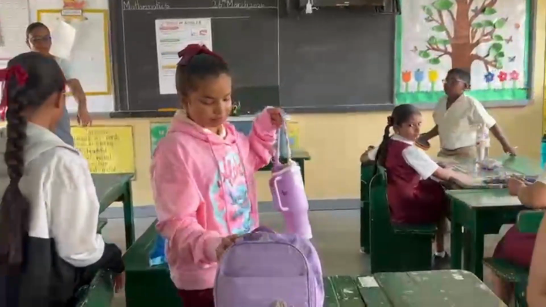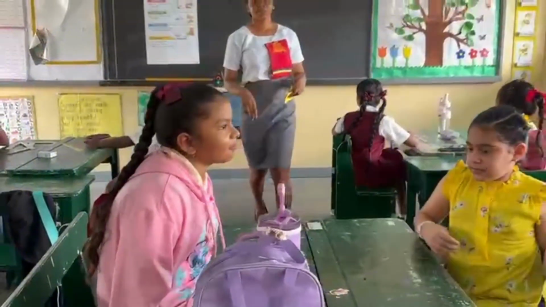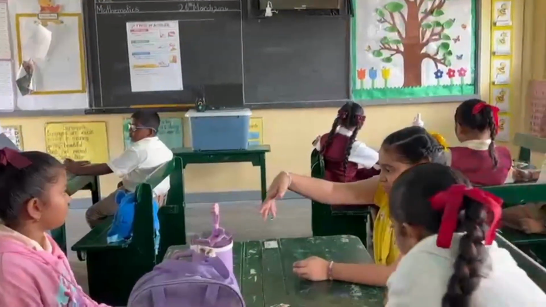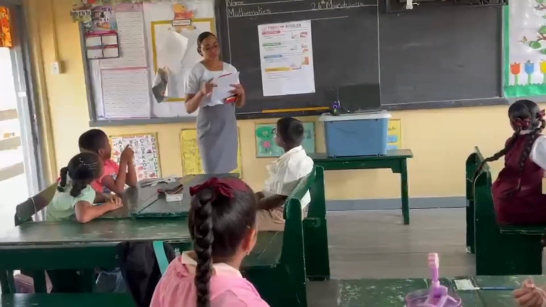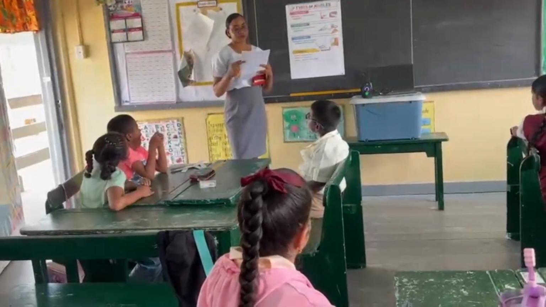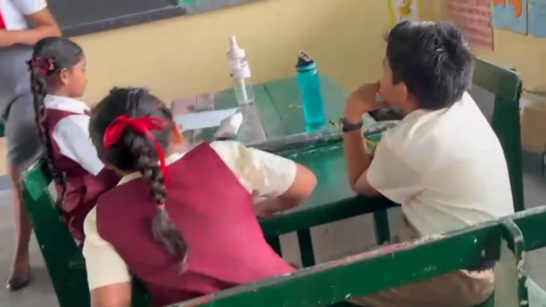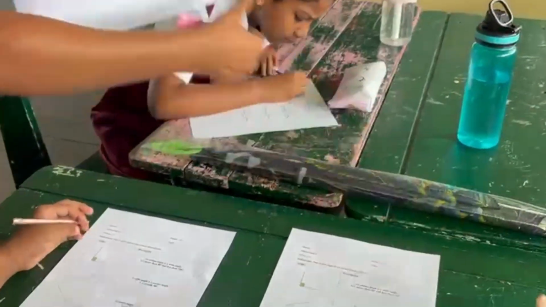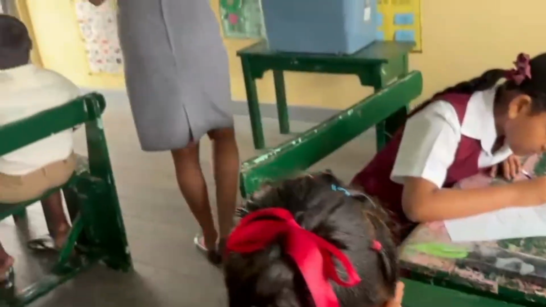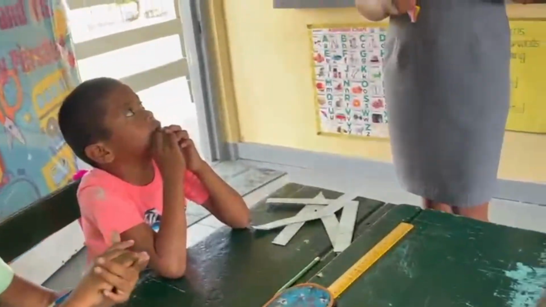Come, Roman. Group 1, you will match the angle to its correct description, right? And this is our group 1. Make sure you write your names on your paper. Group 2, this is our group 2. You will draw the correct angle in the box, right?